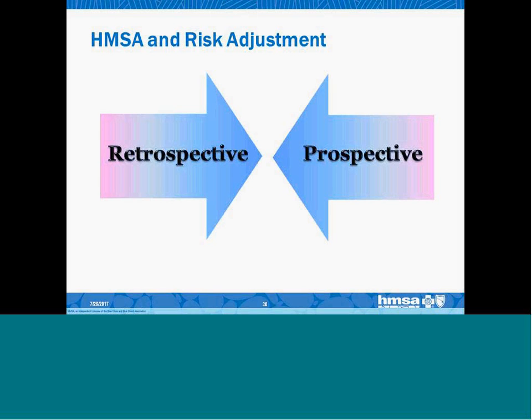The retrospective chart reviews will continue for previously submitted claims where an opportunity exists to improve accuracy. We'll review the audit, and our findings will then be communicated back to the provider. We'll also be taking a proactive or prospective approach to risk adjustment, and I'll cover both of these in more detail in the next slides.